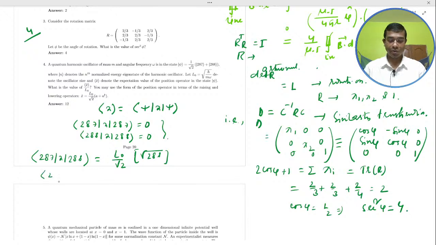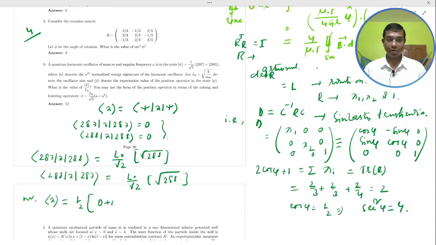Next, 288 x 287 would become L naught by square root 2 square root of 288. Now the expectation value of x is the half of 0 plus L naught by square root 2 root 288 plus L naught by square root 2 root 288.